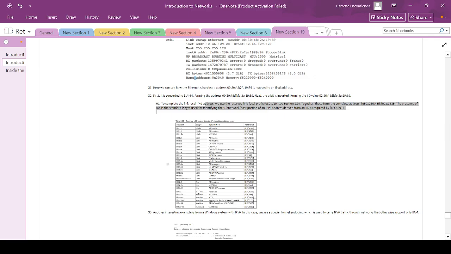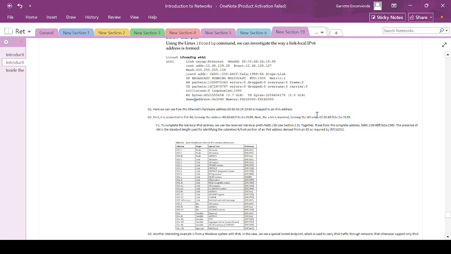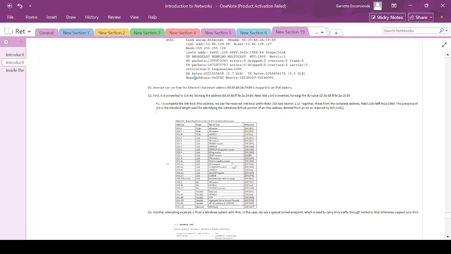So here's where FE80, which is link local, comes from. So as you can see, we convert it to EUI-64, invert the U bit, and then complete it using the reserved link local prefix FE80.